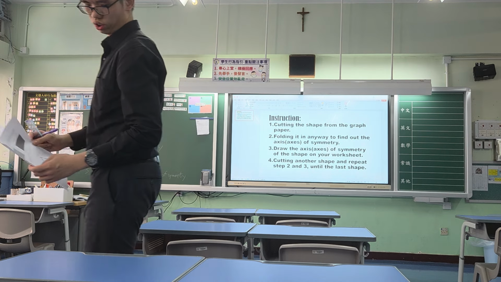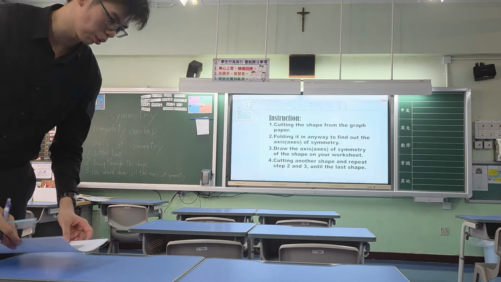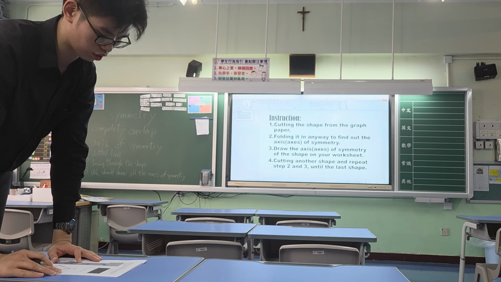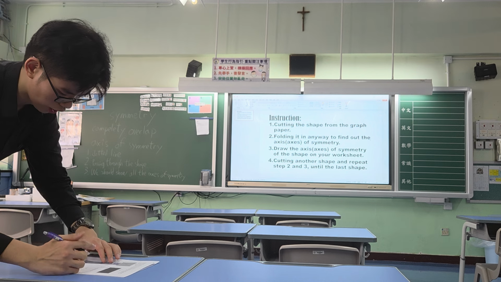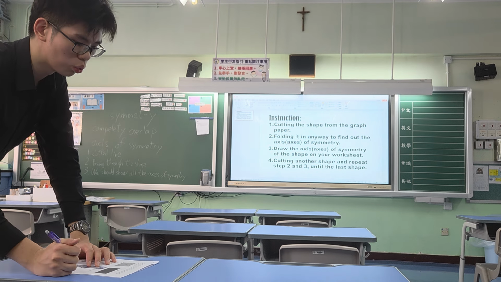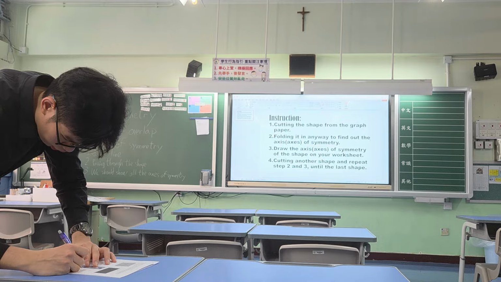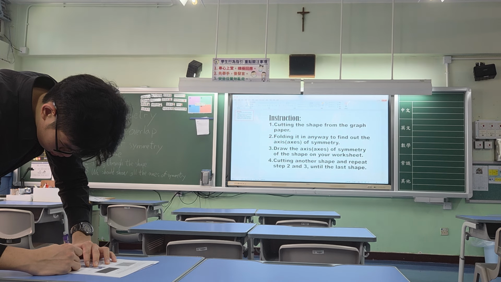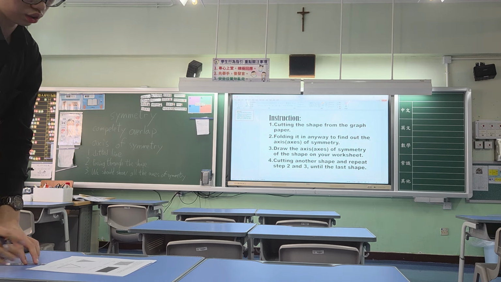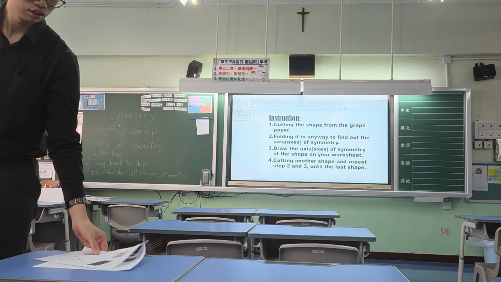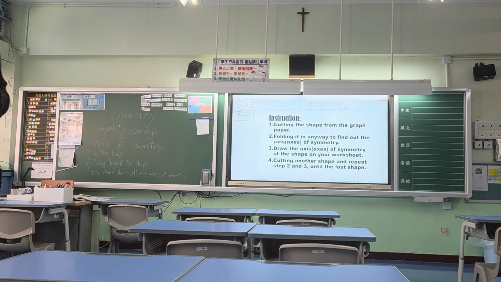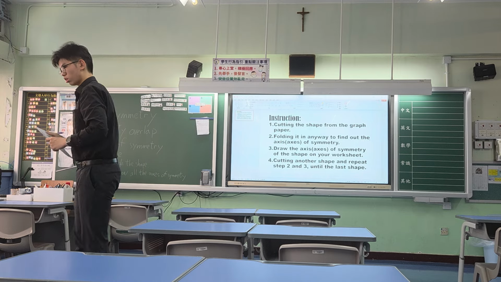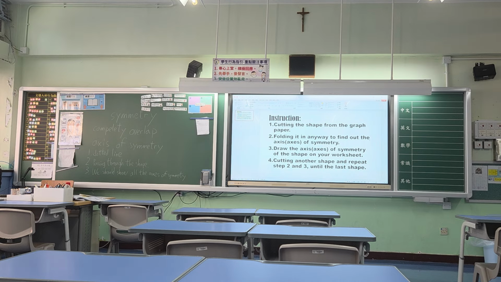Alright, group 4. You have already started working on the star question, okay? But I want to check your answer for question 4. Equilateral triangle. So you only found this, right? Okay, interesting. Good.